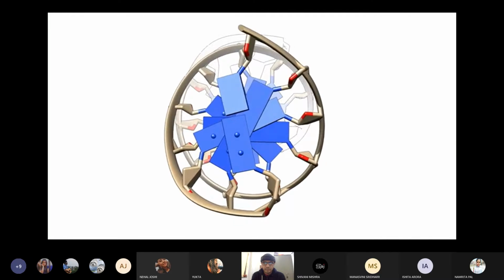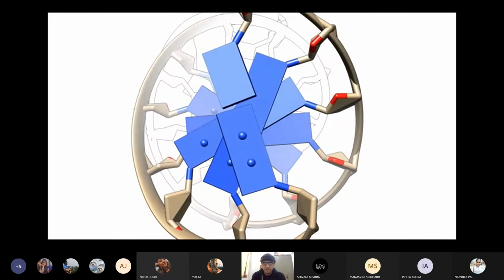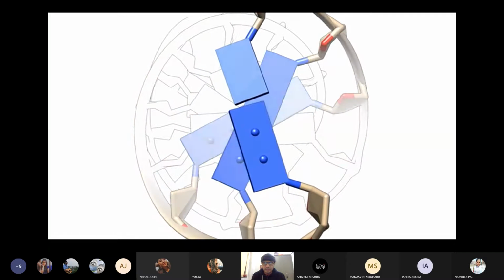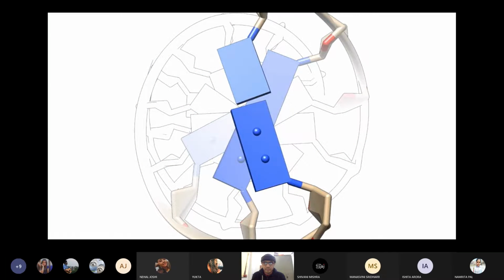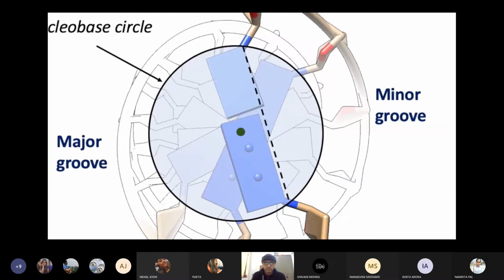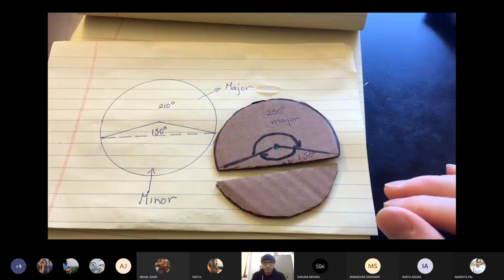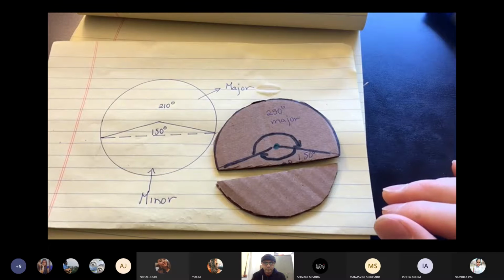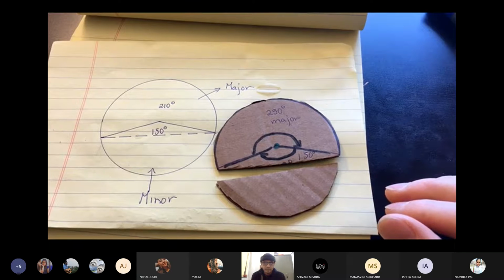We are looking from the top. Rectangular shapes represent nucleobases. We can draw the inner circle here with minor and major grooves. Using a computer modeling program such as Chimera is a good way to start. But to have a good feeling of the 3D structure, you might want to build your own DNA model.